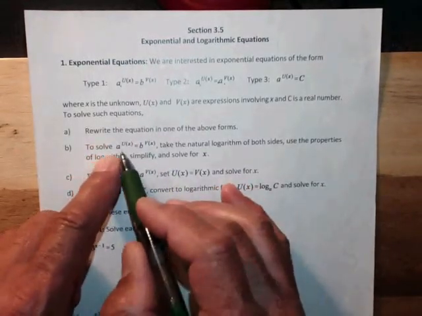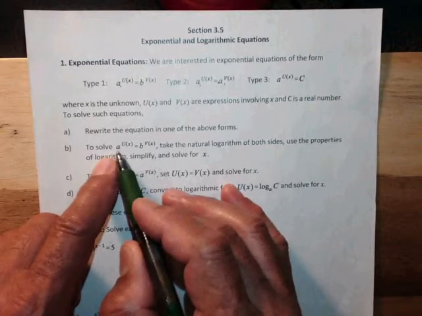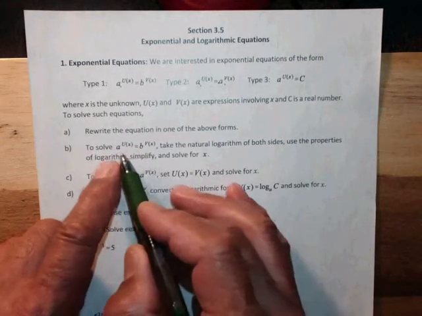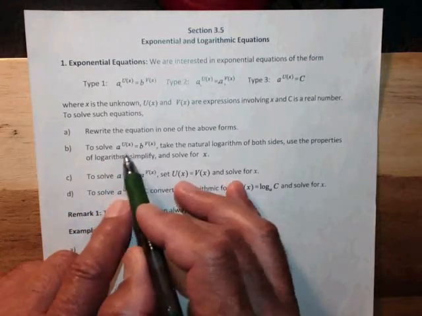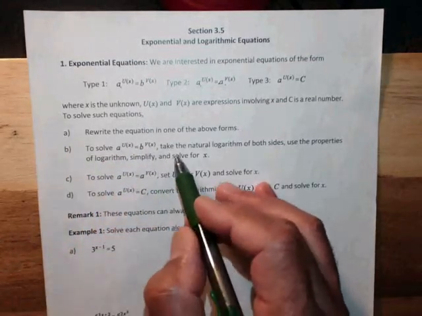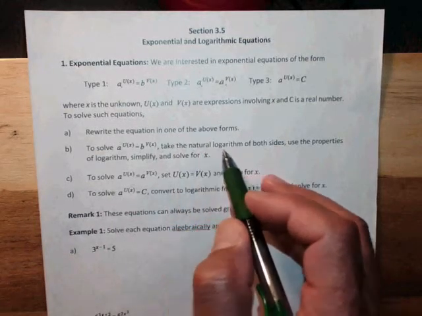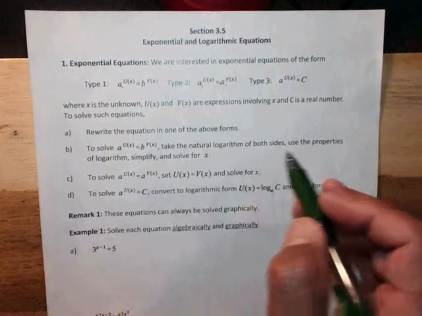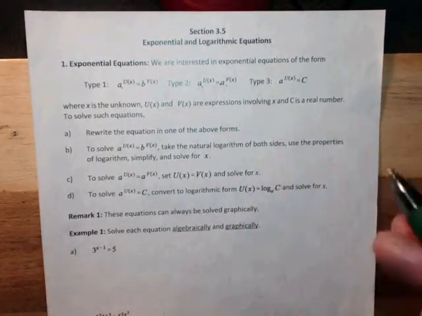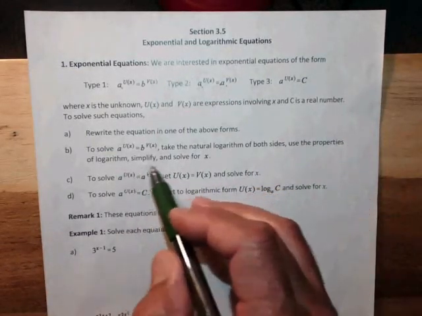Then, if you get two exponentials, one on the left and one on the right, with different bases, in that case we apply the natural logarithm to both sides, and then we use properties from the previous section to solve for x.